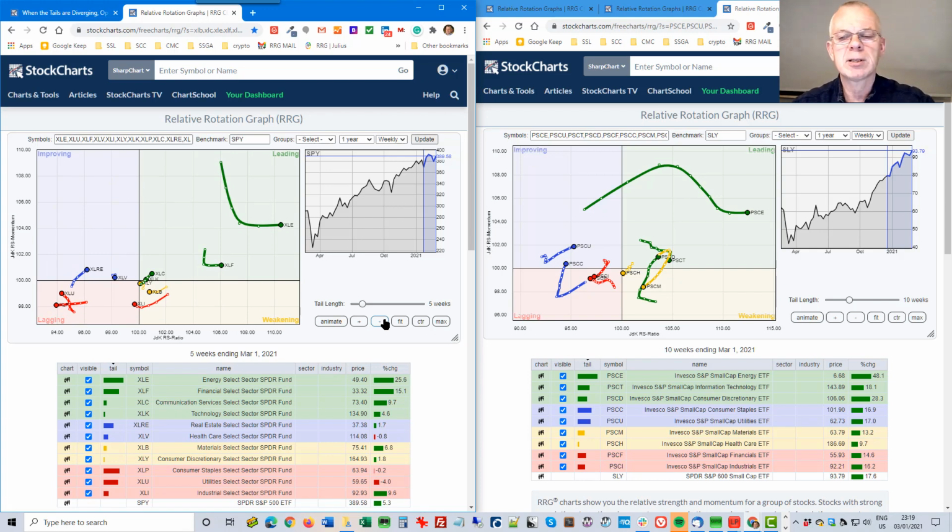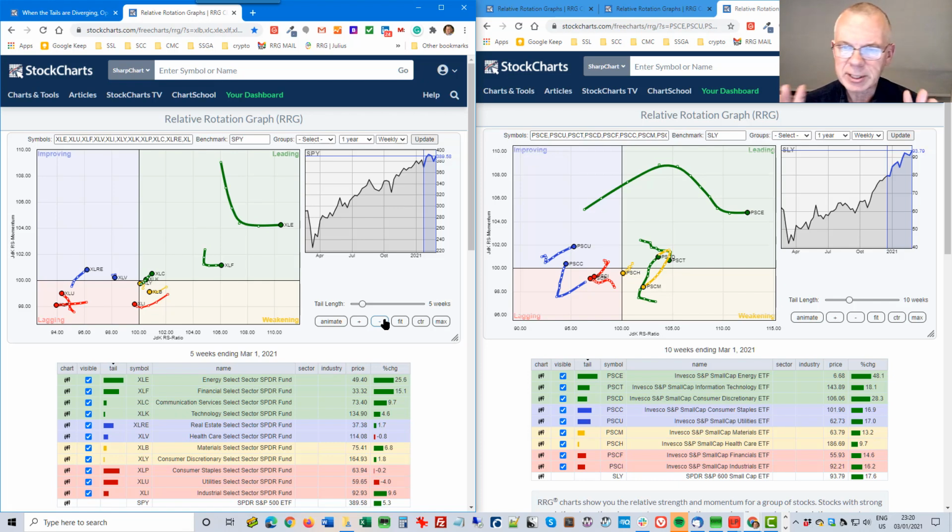Now obviously when they move in tandem, there is not much to say, but when these tails are diverging, that's when you get a signal. That's where small caps are on a different path than large caps.